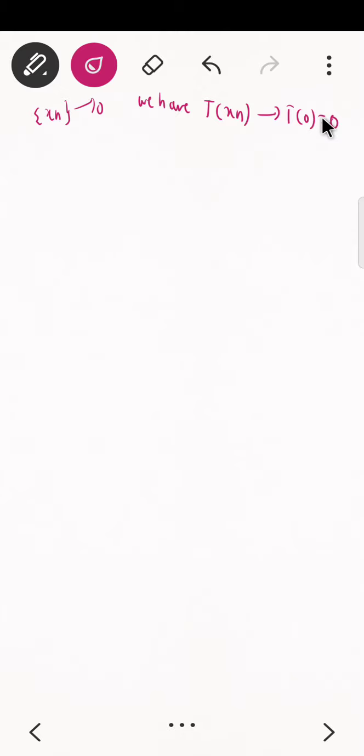Thus T is continuous at the origin. So we have proved that 2 if and only if 3.